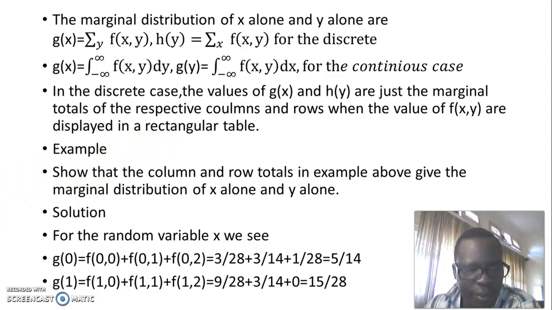For example, show that the column and row totals in the example above give the marginal distribution of x alone and y alone.